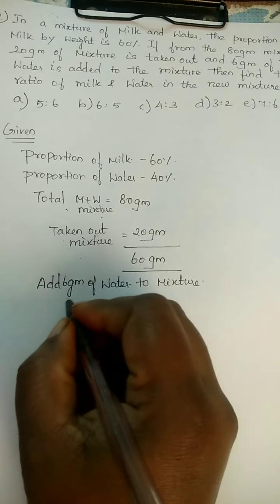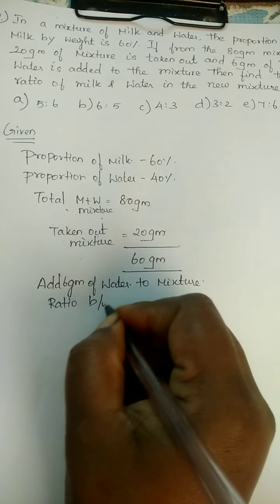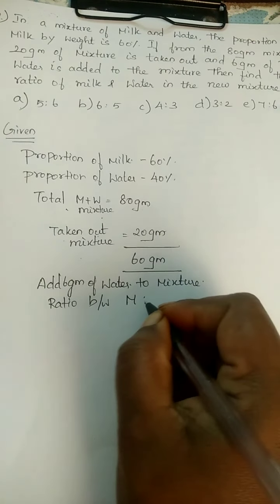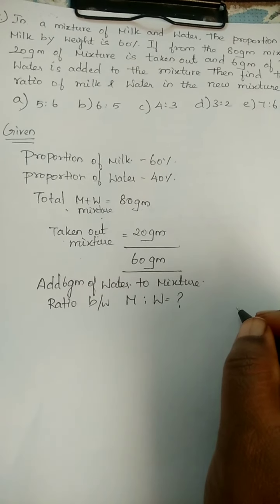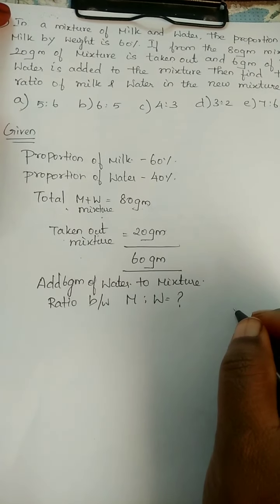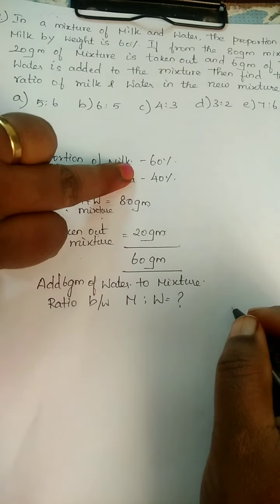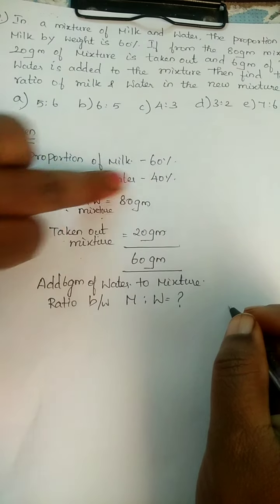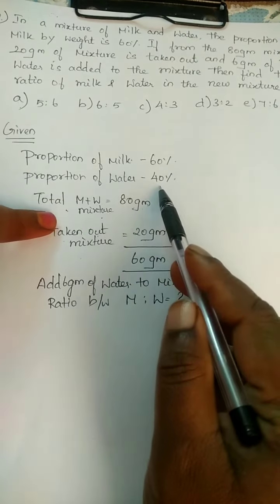Now find the ratio between milk and water. From the given question, the proportion of milk is 60%. Automatically 100 minus 60, 40 is the proportion of water.